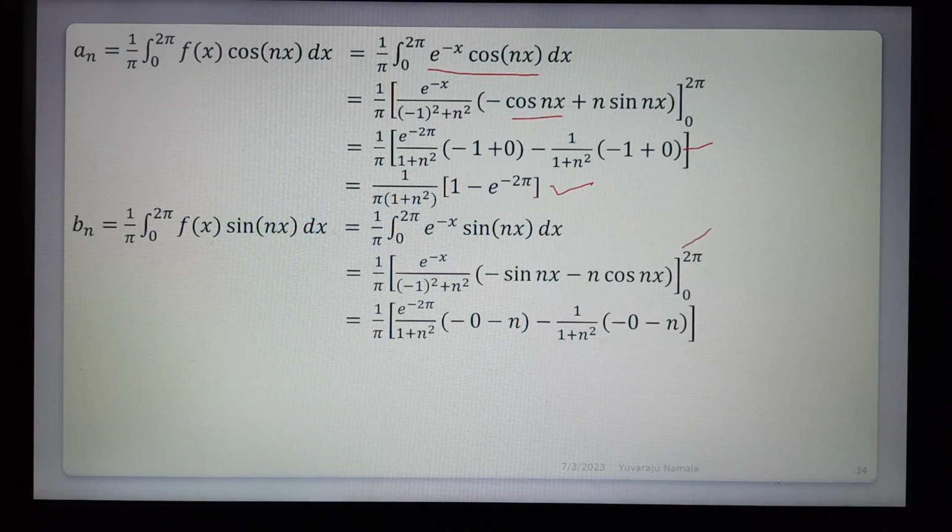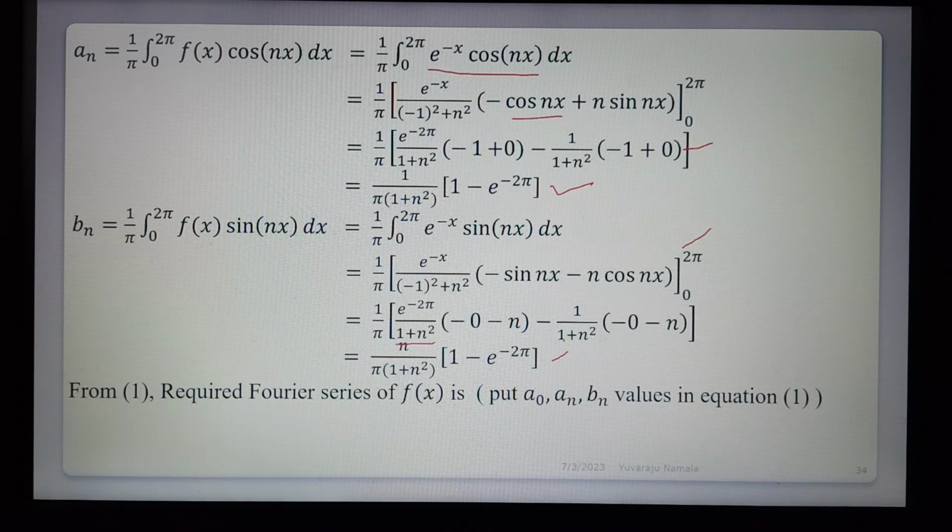Substituting the upper limit: e power minus 2 pi by 1 plus n square into sin 2n pi, which is 0, minus n into cos 2n pi, which is 1, minus the lower limit: e power 0 is 1, by 1 plus n square, sin 0 is 0, cos 0 is 1 and minus n. So here taking n common, n by pi into 1 plus n square into 1 minus e power minus 2 pi. So this is the bn value.